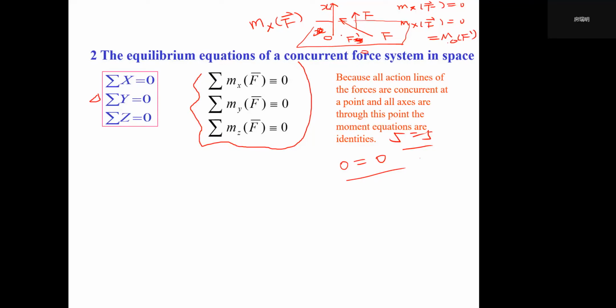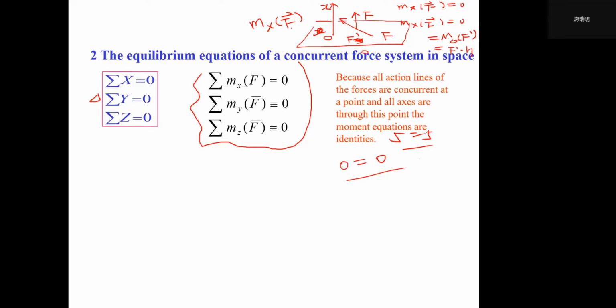Although its projection force F prime is not 0, it will pass through the point O. So in this case, it is also 0, because the moment will equal F prime times H. But H will be 0, because this projection force passes through the point O. Right?